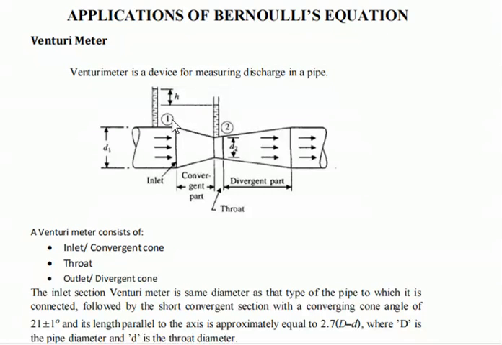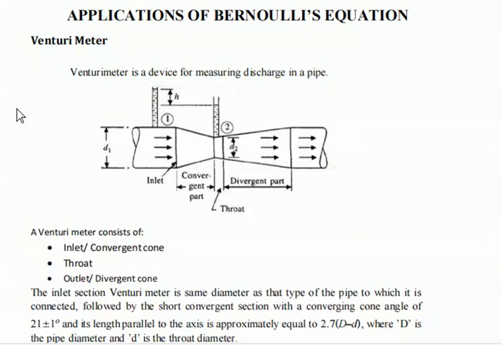There are some instruments which are used to measure the discharge or the flow within the pipe: the venturimeter and the orifice meter. These are the measuring devices used to measure the flow rate or discharge in a pipe. So that is the first application of Bernoulli's equation, how to apply Bernoulli's equation to these venturimeter devices.